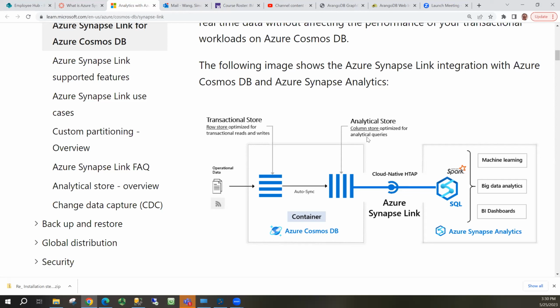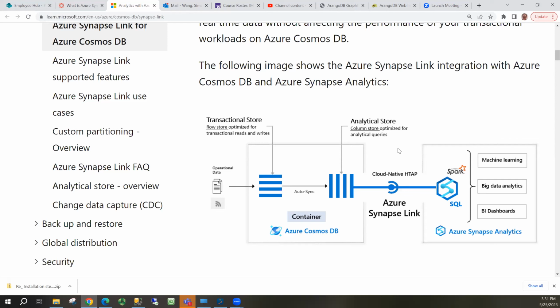But when we do analytics, when we do data analysis, usually we focus on certain columns. Therefore, we use the column store architecture. With the column store architecture, if you have a table, in the table there are 5 columns, then all data for the first column is stored together, and then all data for the second column is stored next.